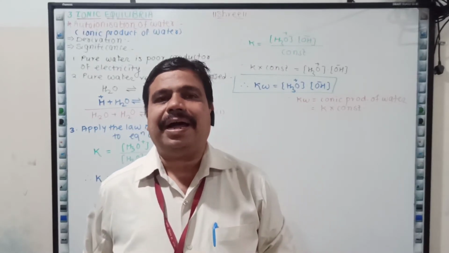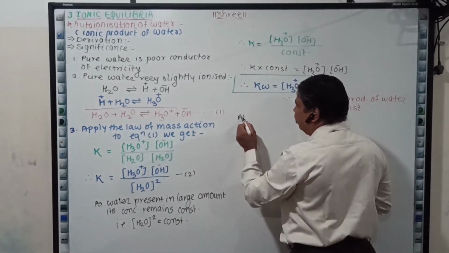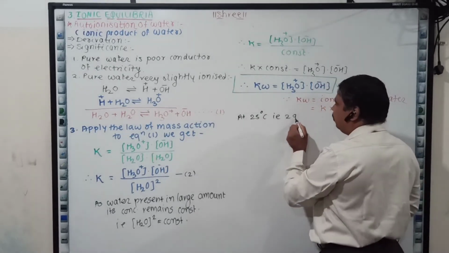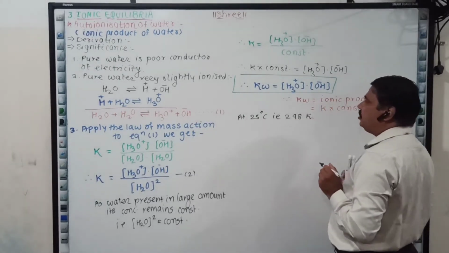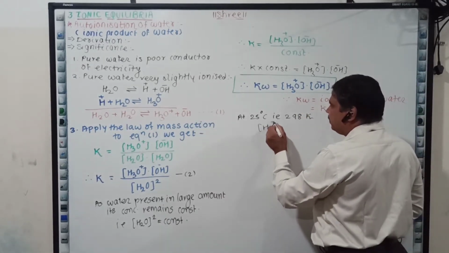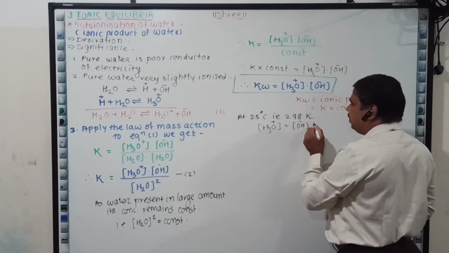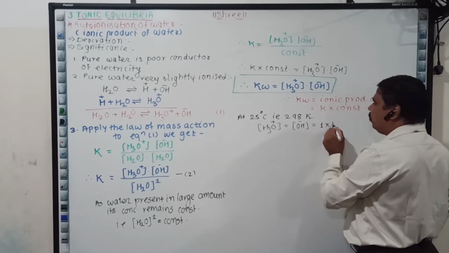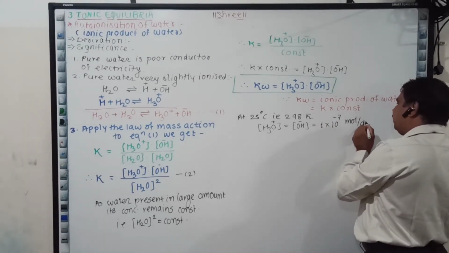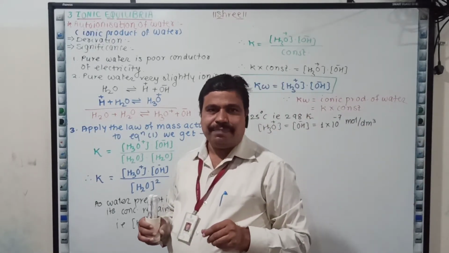Second, at 25 degree Celsius, that is at 298 Kelvin temperature, concentration of H3O plus is equal to concentration of OH minus is equal to 1 into 10 raised to minus 7 mole per liter, that means mole per dm cube.